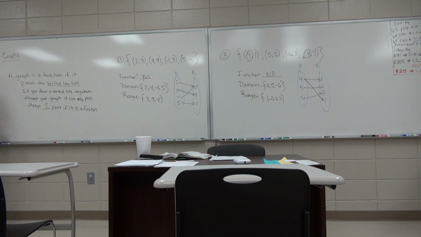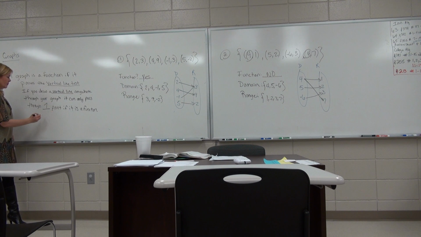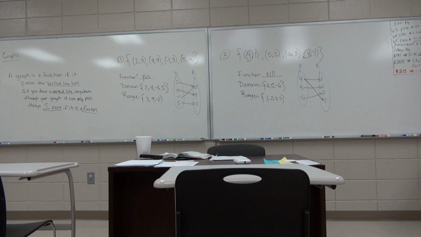If it passes through more than one point, it's not a function. So a vertical line anywhere through the graph can only go through one point if you have a function.